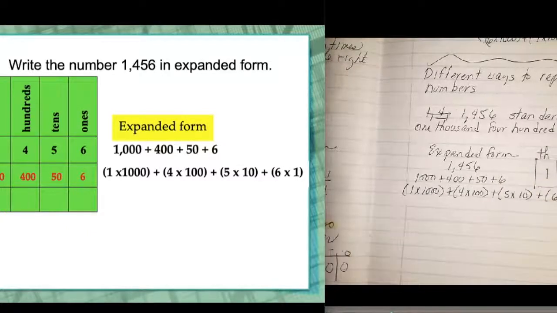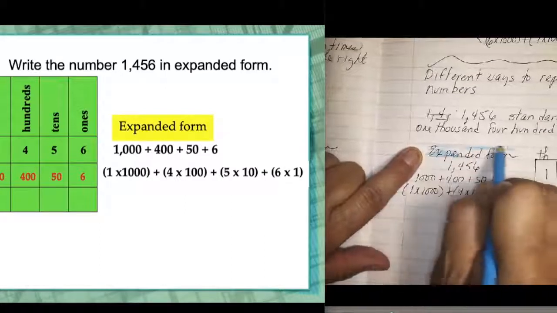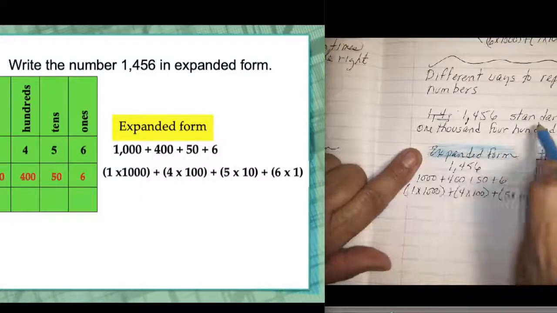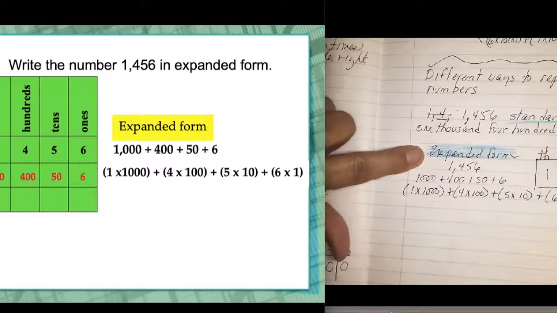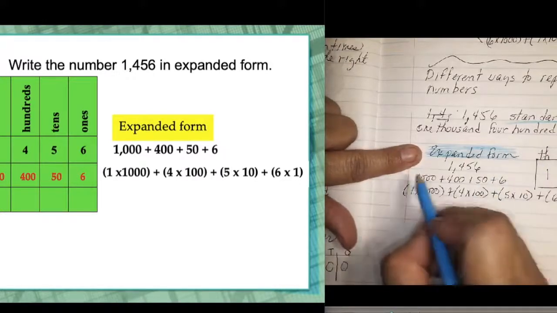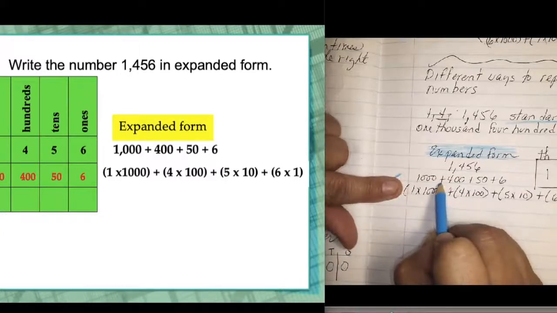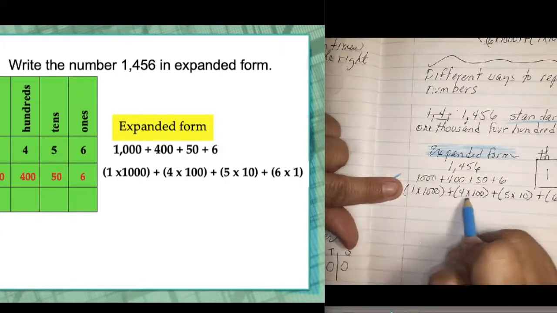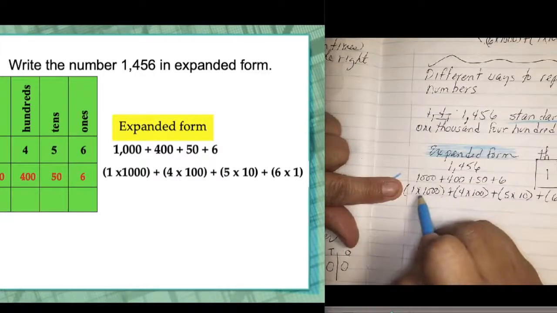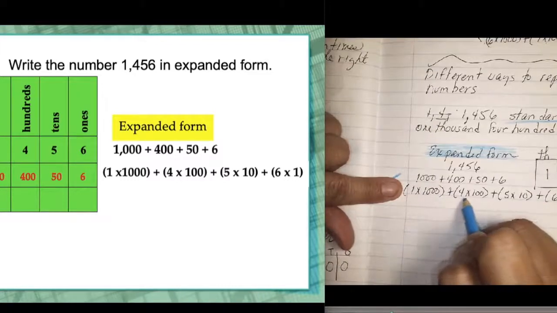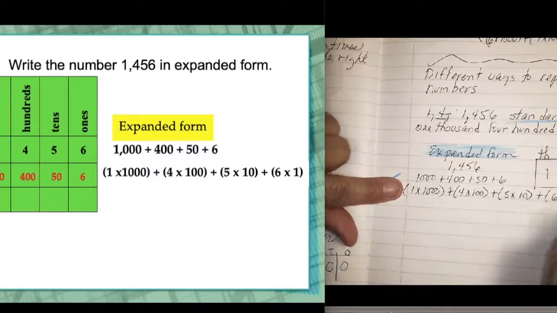So let me go ahead and stop and highlight here. This is called expanded form. We said this one was standard form. We did word form. And this is expanded form. And remember, there were 2 types of expanded form. One that has the addition symbol and one that has a multiplication in parentheses with plus signs in between. 1 times 1,000 plus 4 times 100 plus 5 times 10 plus 6 times 1.